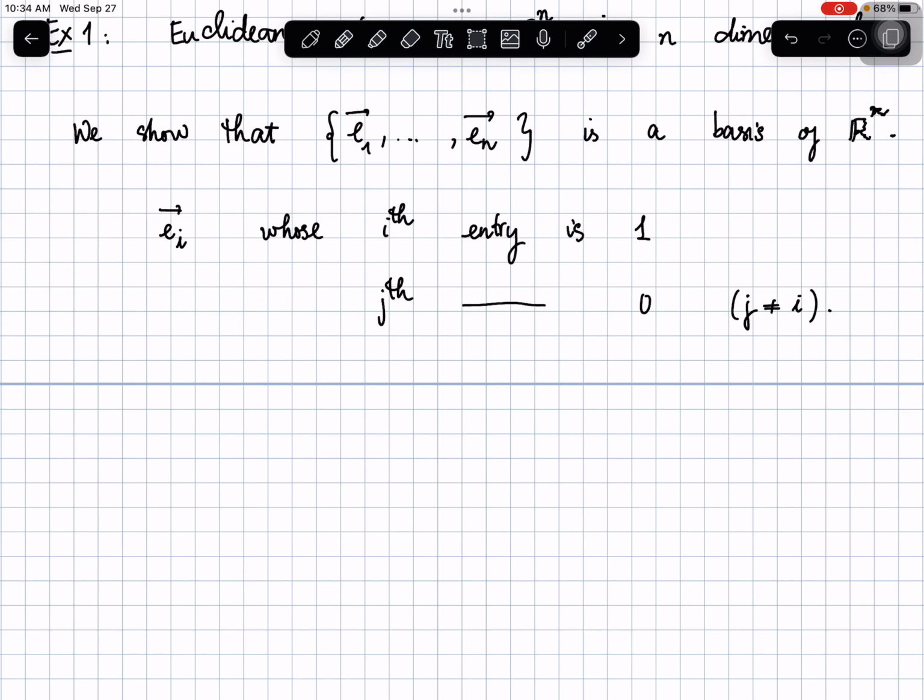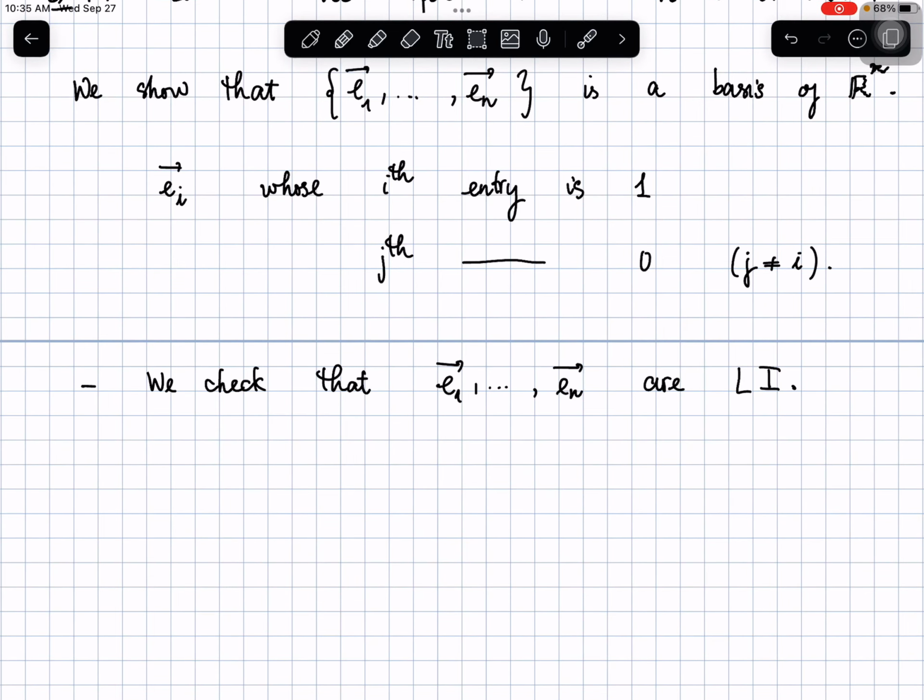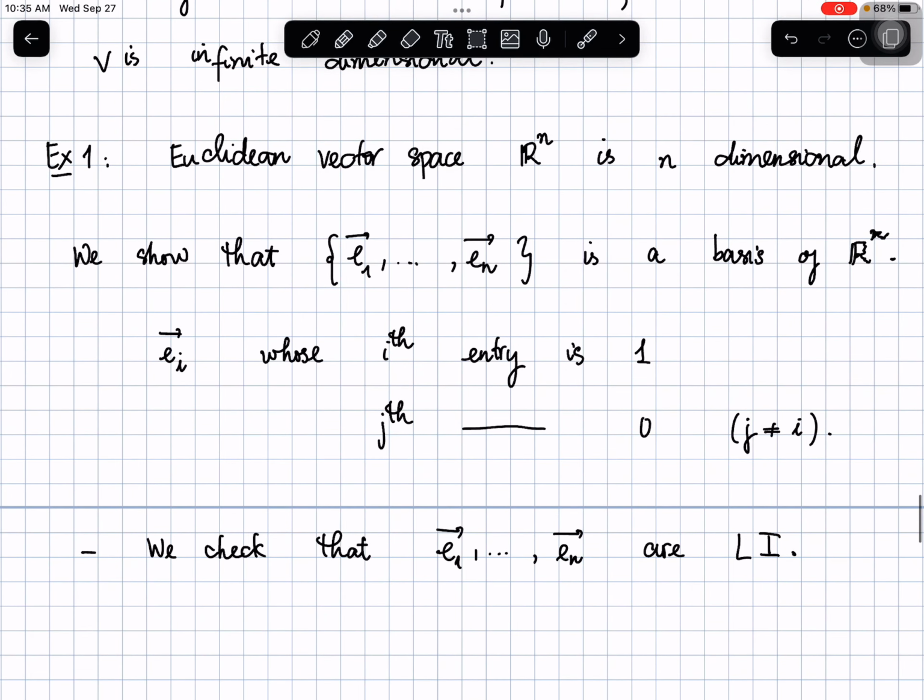How to check a set of vectors is a basis of a vector space? We know that we need to check two conditions, right? First condition, we check that this set E1 to En is linearly independent. This is linearly independent because we have n vectors in the vector space Rn.